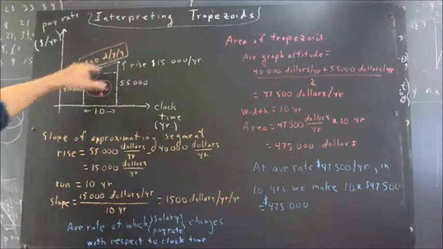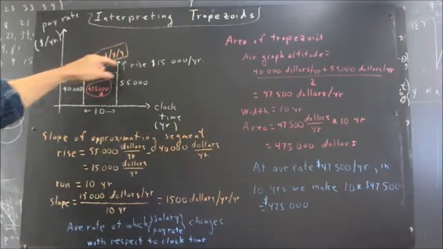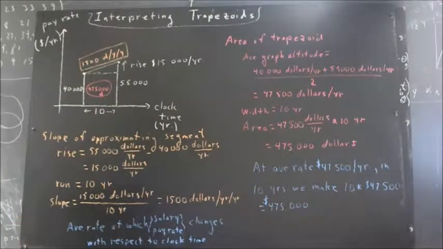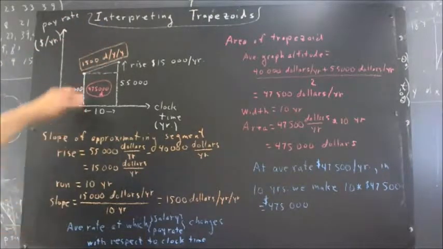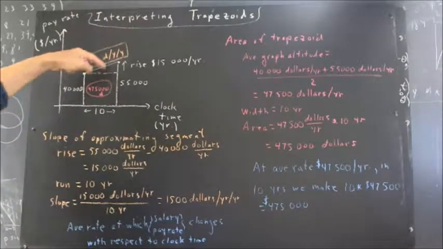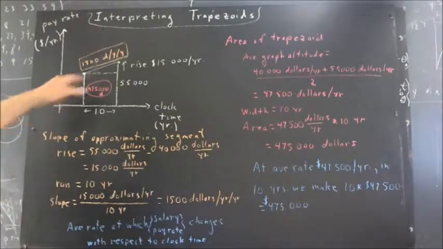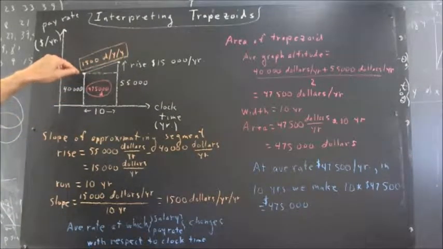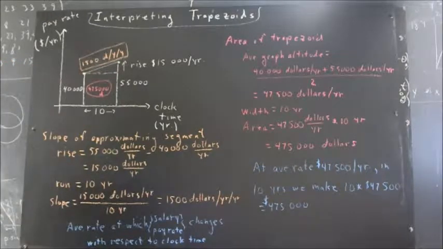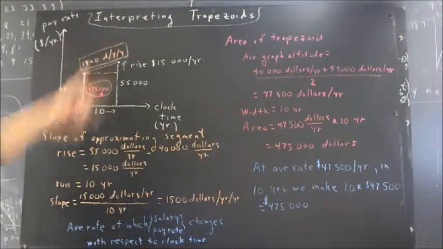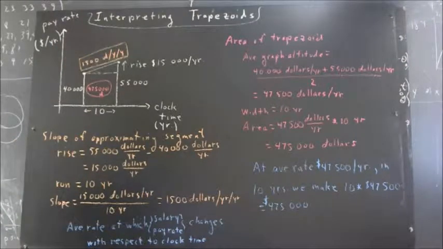Again, we don't know for sure what might have happened to the salary between here and here. In 10 years, a lot could happen. Could have gotten demoted and then promoted and then demoted again. So the actual graph might not be a straight line, but given just this point and this point, this is our best estimate of what we might expect to happen. At least this is our linear estimate of what we might expect to have happened during that time.